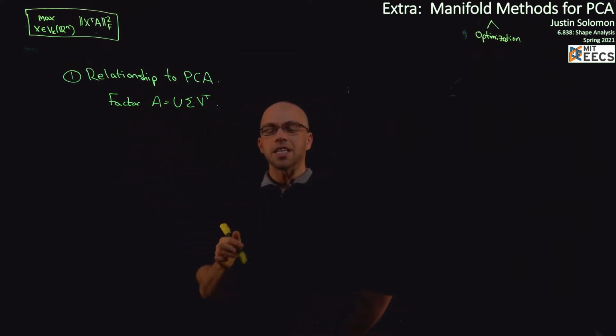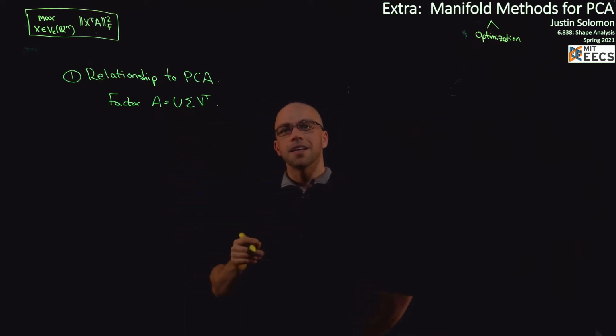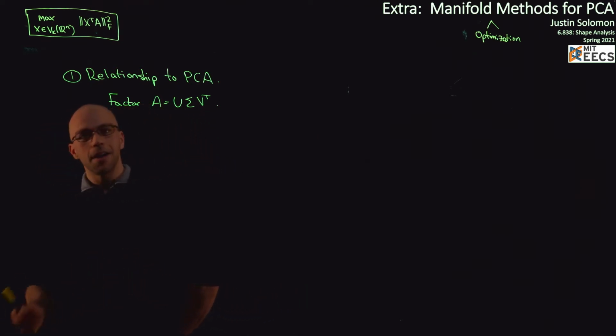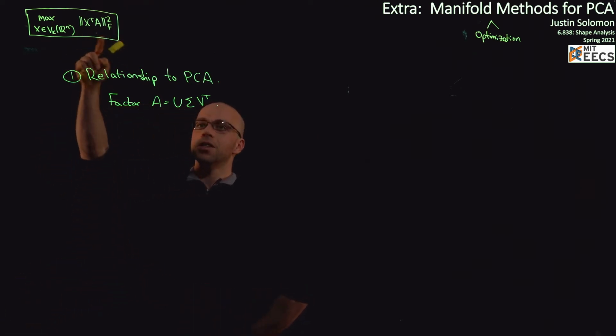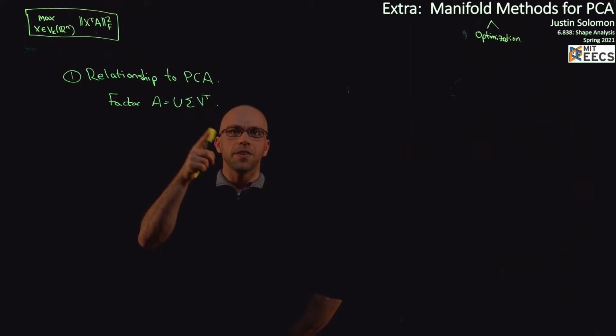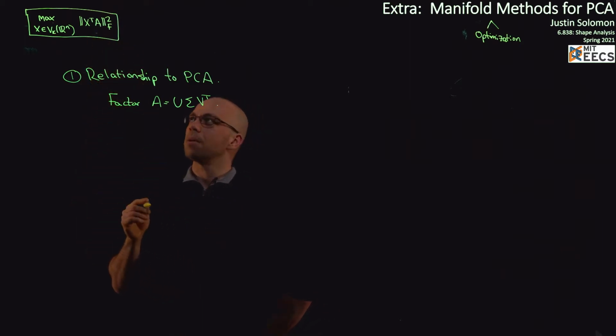Remember how SVD works here: U and V are orthogonal, and sigma is a diagonal matrix of singular values. Now we can take our objective function and write it differently. This isn't to say that in manifold optimization we actually have to compute the SVD. This is just an argument to tell us a bit more about this optimization problem.